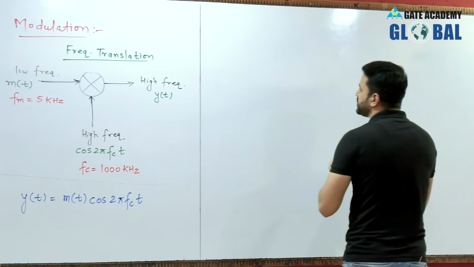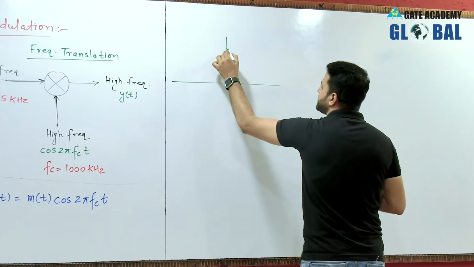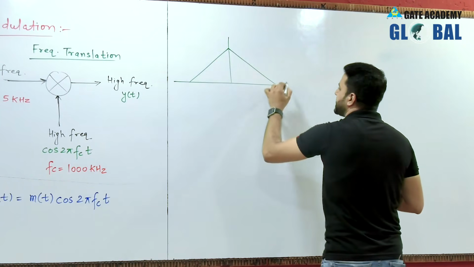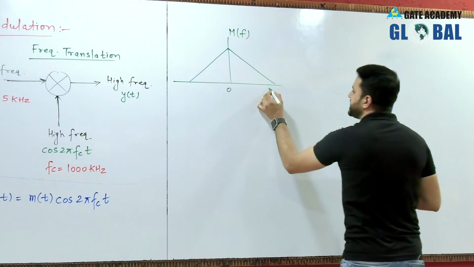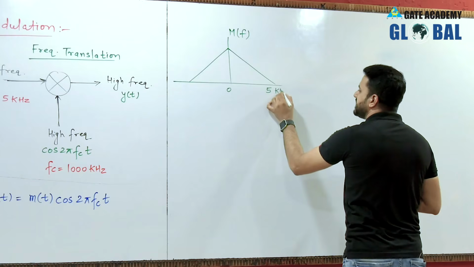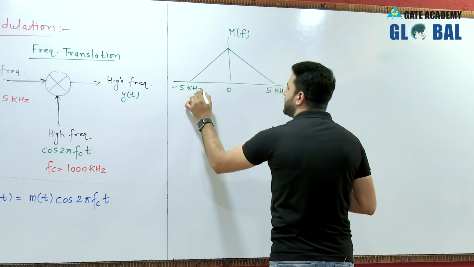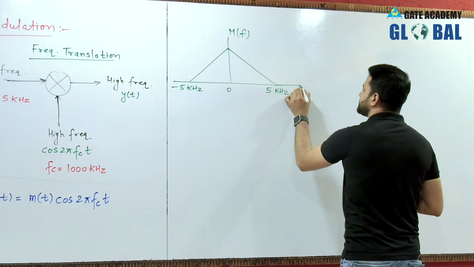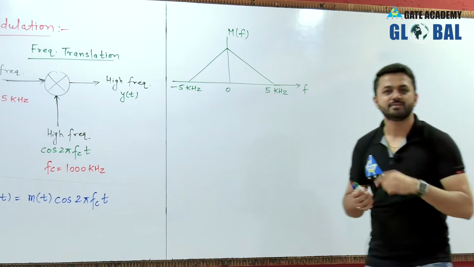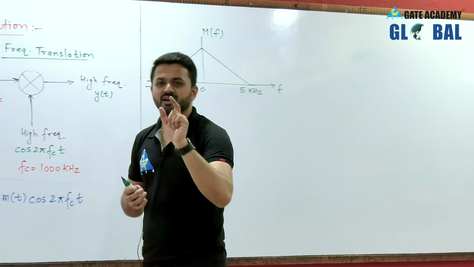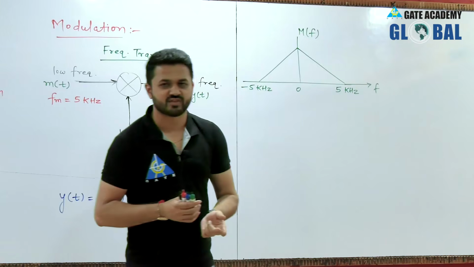So we are assuming the message signal has a spectrum like this, M(f), with maximum frequency 5 kilohertz, and this is minus 5 kilohertz. We should always remember that this spectrum has positive frequency as well as negative frequency.